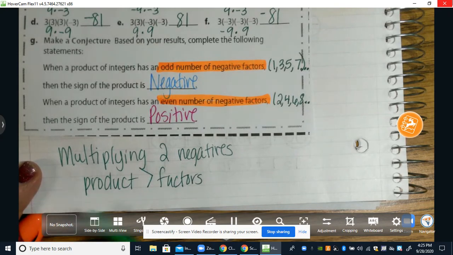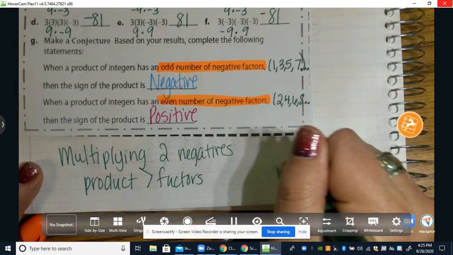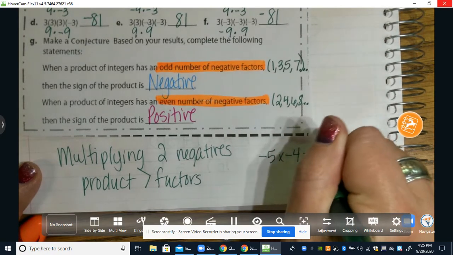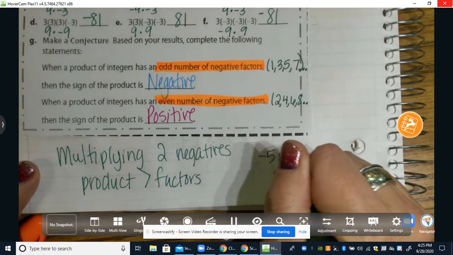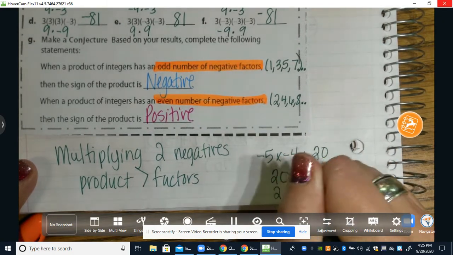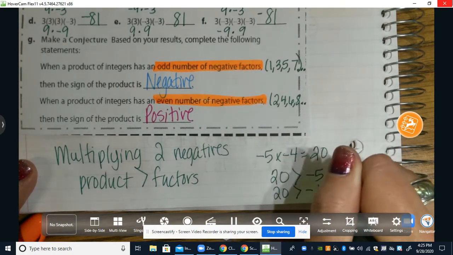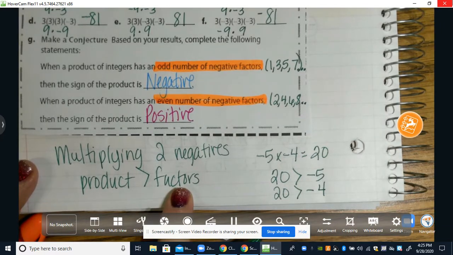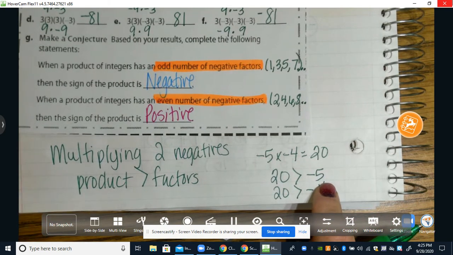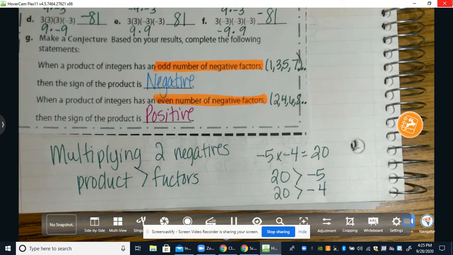Okay, so my example, like -5 times -4 gives me a positive 20. 20, which is the product, is greater than -5, and 20, the product, is greater than -4. So it's bigger than both its factors. Do you see? So your answer is a positive, and positives are always going to be larger than negatives. Always, always, always, and forever.